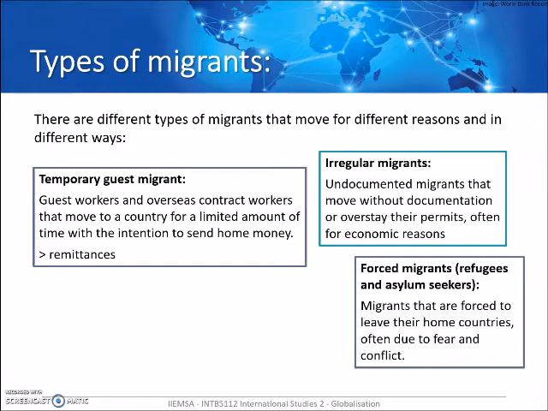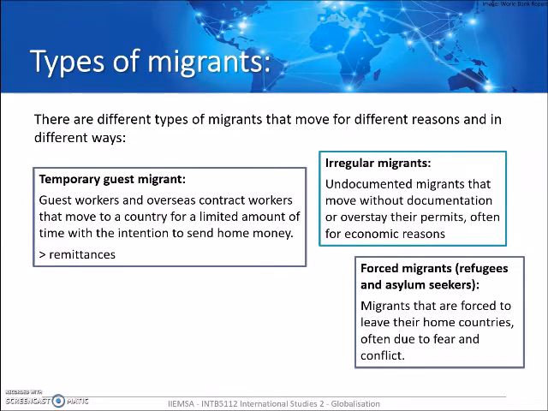Another type of migrant are forced migrants. As we saw, it's a rather small portion, about 10% of migrants. But this is a group that is increasing in numbers, which is obviously worrying, because forced migrants are refugees and asylum seekers. So it's really people who are forced to leave their home countries due to fear, due to conflict, due to catastrophe, because they usually feel that there is no life possible anymore in their home countries.